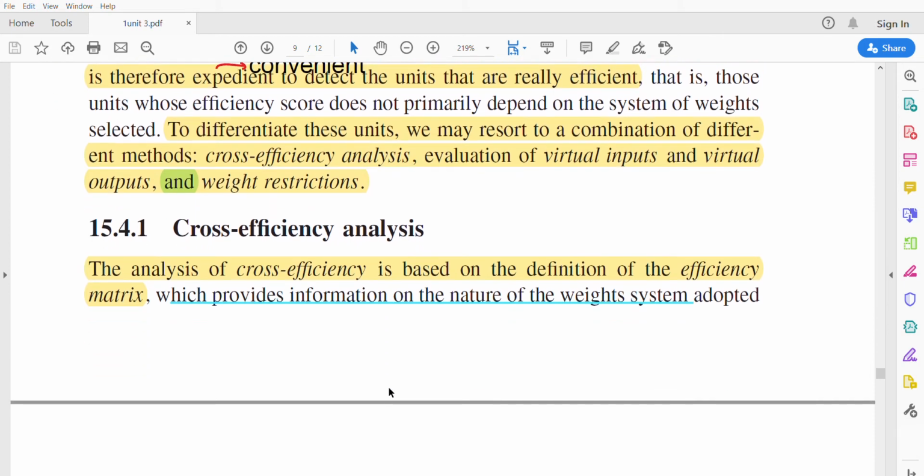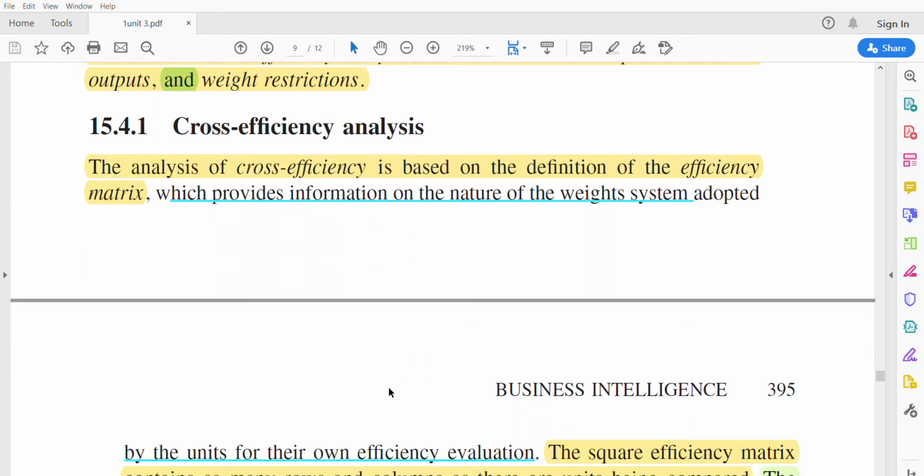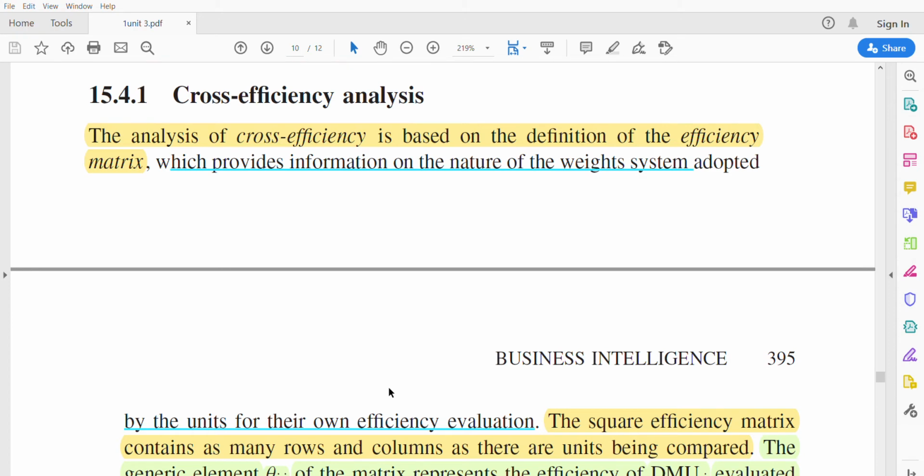In this cross efficiency analysis, the analysis of cross efficiency is based on the definition of the efficiency matrix. A matrix, whatever the size, looks like rows and columns.